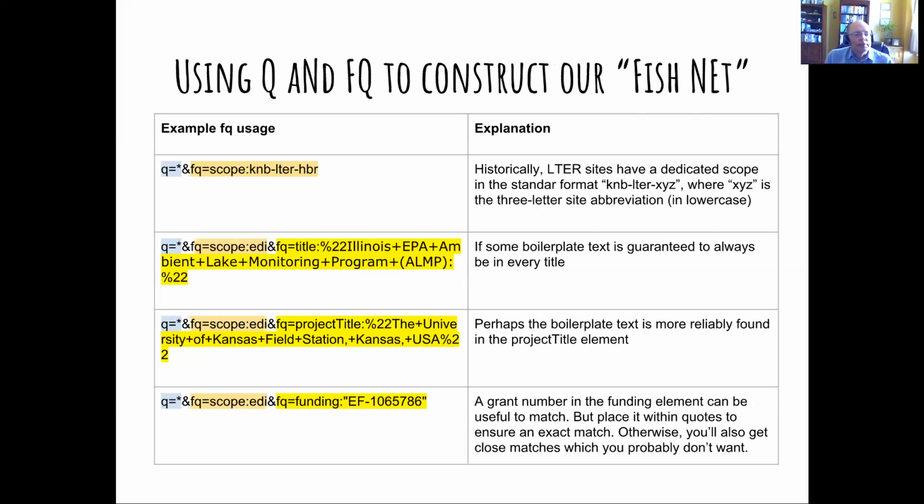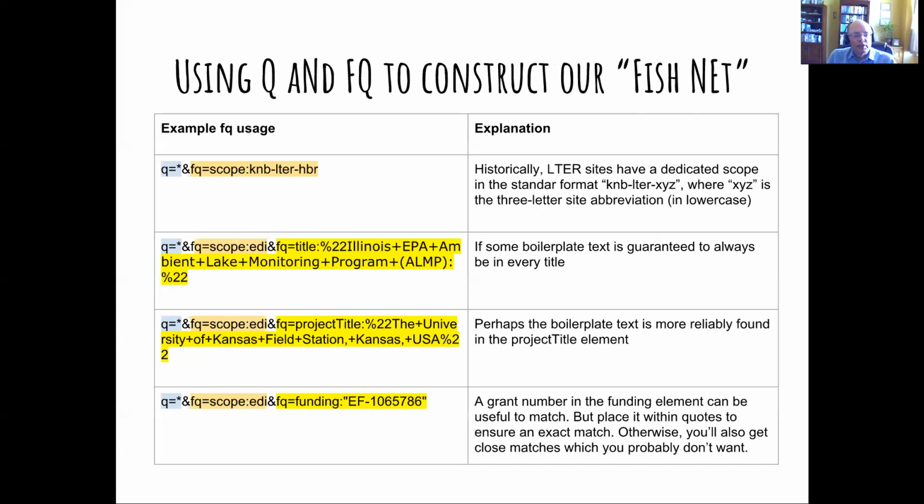To accomplish this, and at the risk of mixing my nautical metaphors, we need to place a hook in the metadata, something in the metadata that's searchable, that's found in all of the data packages we're interested in, and not found in any others. I looked at some of the data packages under the EDI scope in the PASTA Plus repository and found what I think are some good examples that meet these criteria.